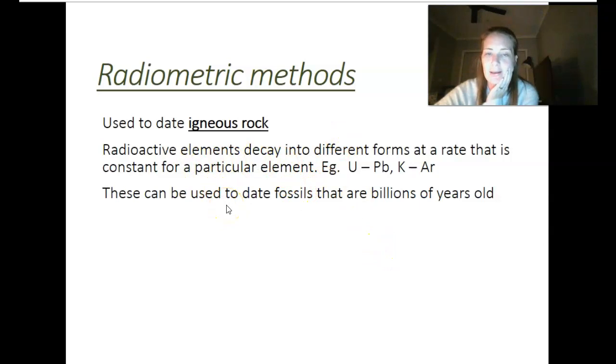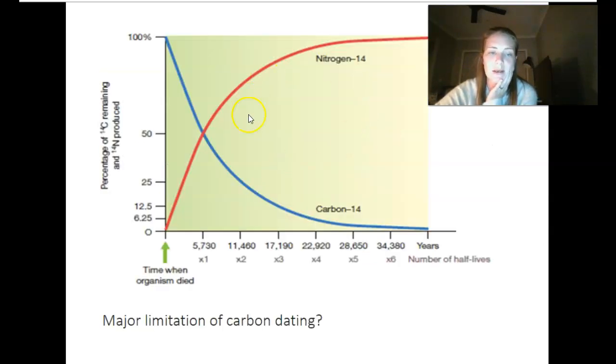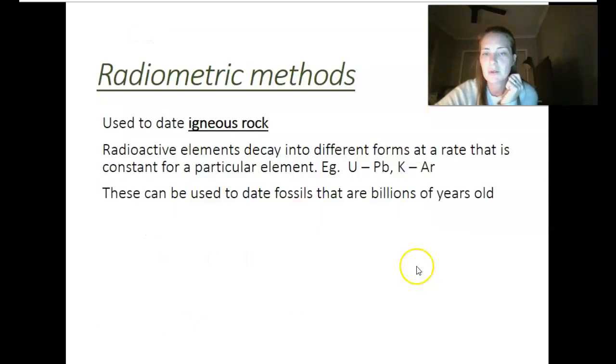So much like carbon-14 half-life data, we know the rate of breakdown of many other isotopes. So some useful ones to commit to memory. Uranium breaking down to lead, that's one that is used by paleontologists. And this is my go-to example, potassium argon, and I've seen that come up in exams before.